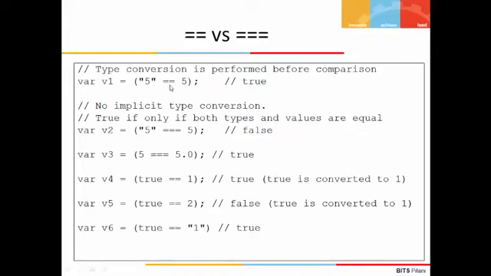When you make use of this equality operator, it is going to return true. But in case you are going to make use of this particular equality operator, then it is going to differentiate and say that these two are two different data types altogether. Here an implicit data conversion took place and it said that both of them are equal.